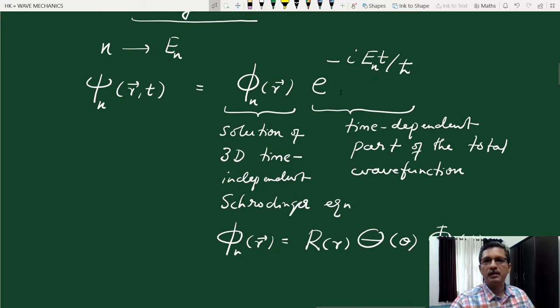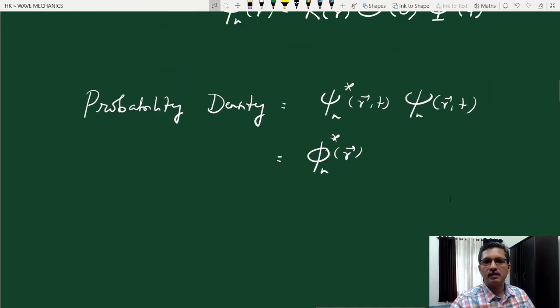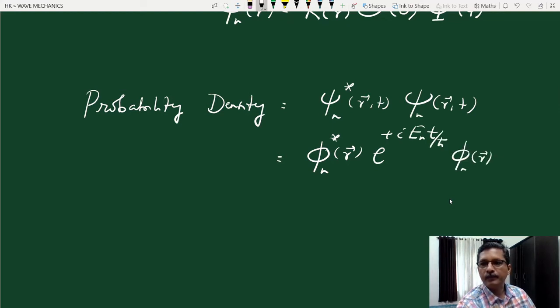So this exponential part will become e raised to plus i E n t by h cross when you take the complex conjugate, and psi n is again phi n of r e raised to minus i E n t by h cross. So e raised to plus i E n t by h cross and e raised to minus i E n t by h cross will cancel.